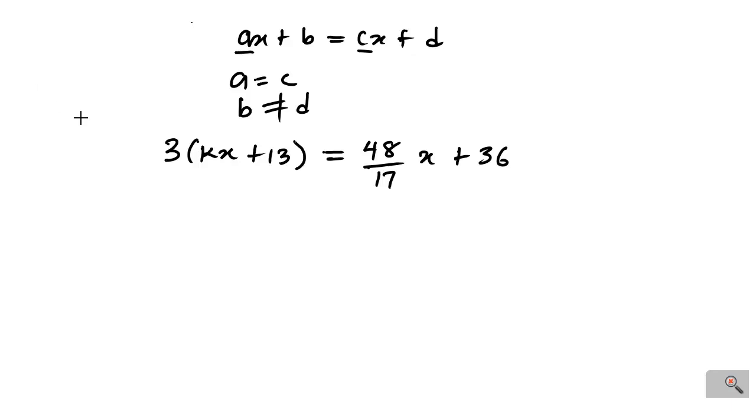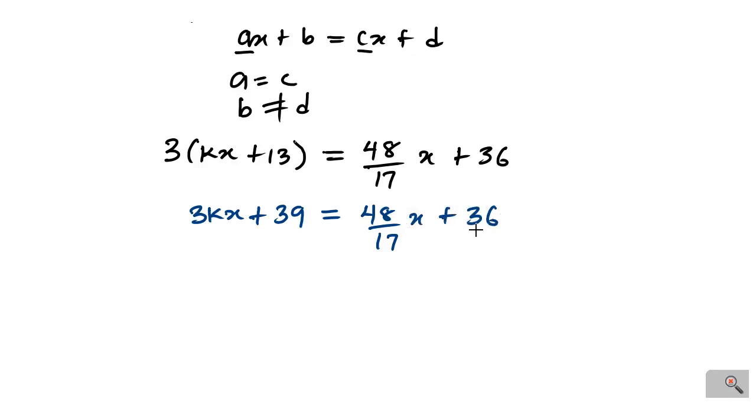So if we open the bracket, we are going to be having 3 times kx, that will give us 3kx, then 3 times 13, that is plus 39.